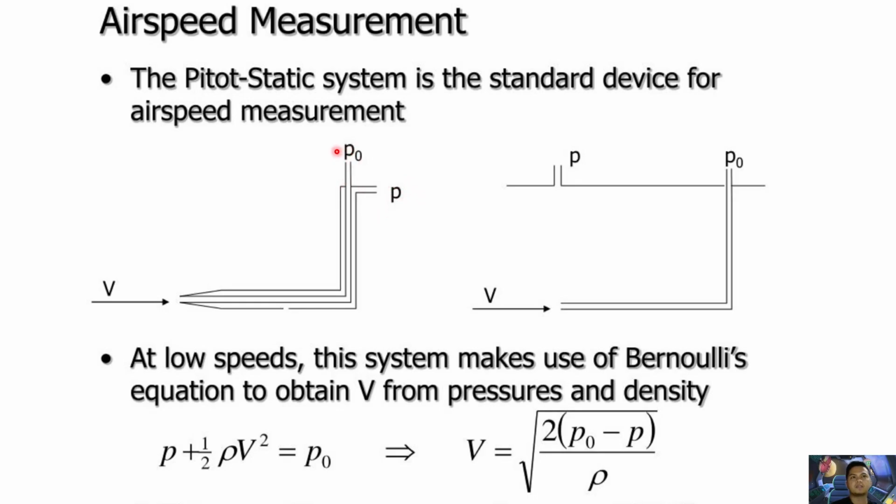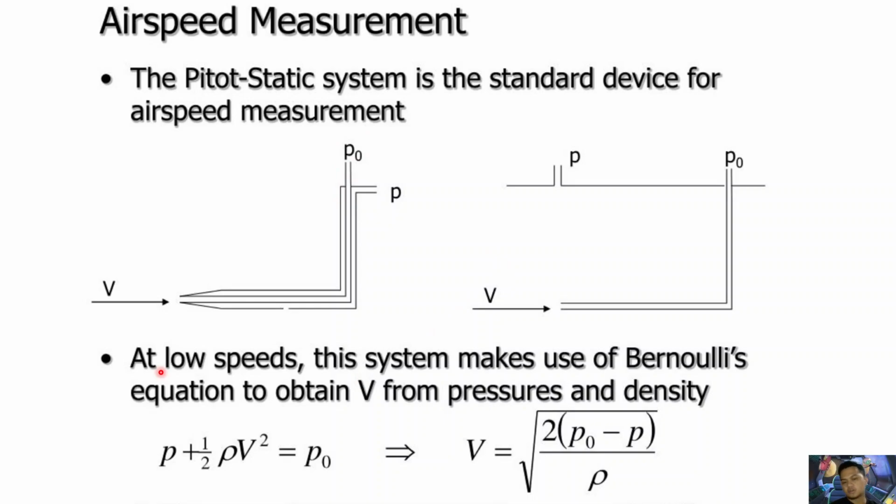Pag sinabing P sub O is not sea level, no? Total pressure or total stagnation pressure. Ibig sabihin, yung velocity mo comes to zero isentropically to zero velocity yung velocity sa ating total pressure.